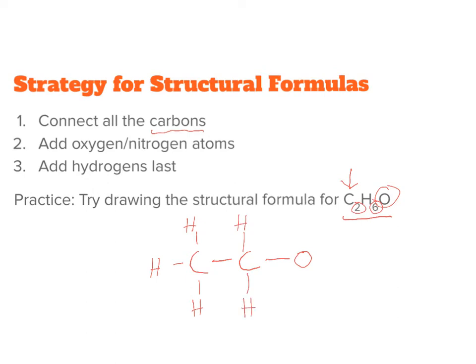And then oxygen should have 2 bonds, so we'll stick another hydrogen on there. And we have 1, 2, 3, 4, 5, 6 hydrogens, the correct number of hydrogens. I can double check my structure. Does everything have the number of bonds it's supposed to have? Yes, it does. So this is a valid structural formula for that.